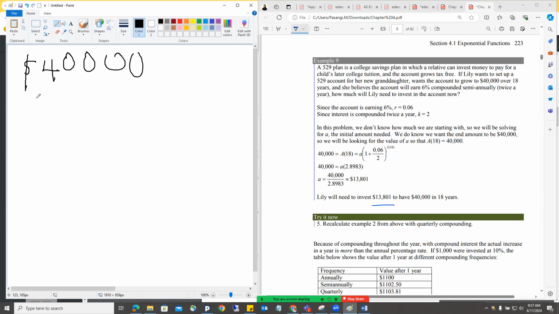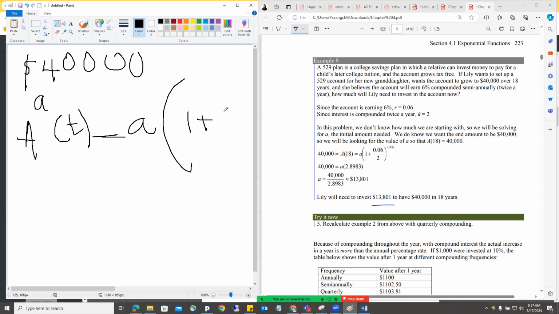Which means we need to find the value A, the initial amount. Now, the compound interest formula: A times 1 plus R over K, to the power of KT.